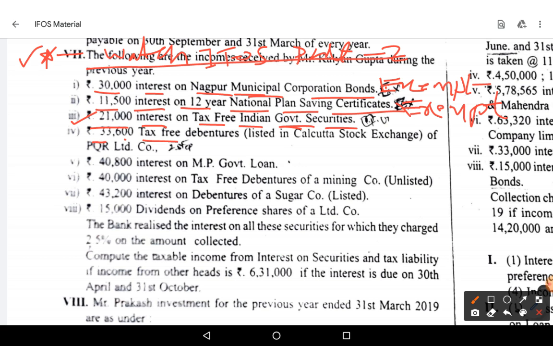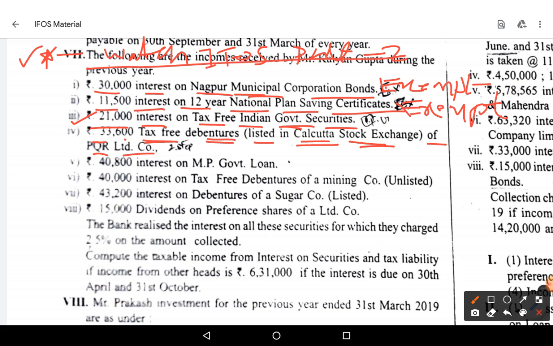33,000 tax free debentures. What are they saying? Tax free debentures listed in stock exchange of PQR company, listed in Canada, listed in Calcutta Stock Exchange. Which one? PQR. Only one step we need to do because it is not government.